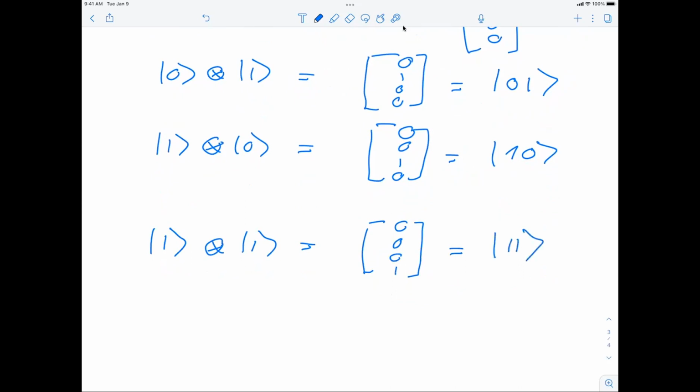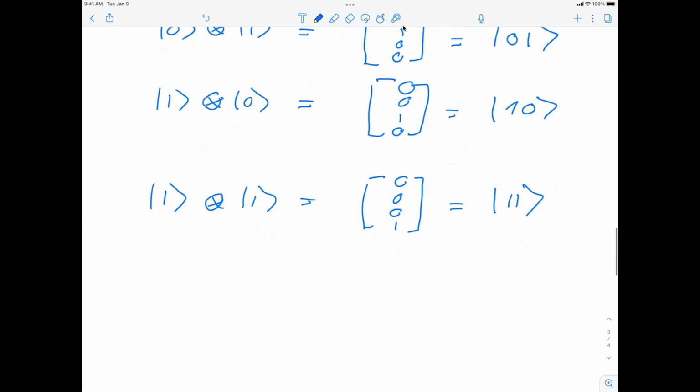Now, what you see rather immediately is that if you look at the norms of these vectors, or the inner product, if I take 1, 1 with 0, 0, and you calculate that one, you see that this basis is also orthonormal.